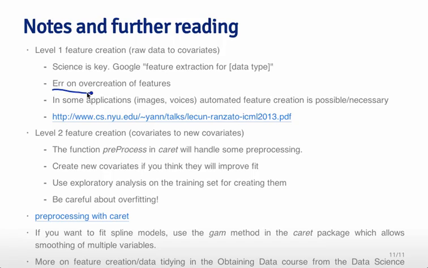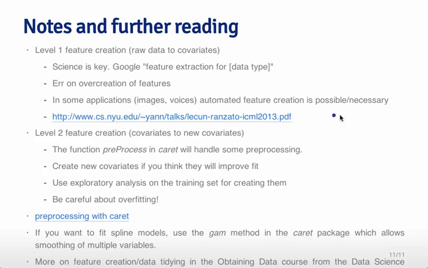In general, you want to err on the side of overcreation of features because you can always filter them out later in the machine learning algorithm process. In some applications like images and voices, it's often both possible and pretty much necessary to create features that aren't necessarily just things that you imagine out of your mind. It's very hard to know exactly what the right components of an image are to include as features in a model.